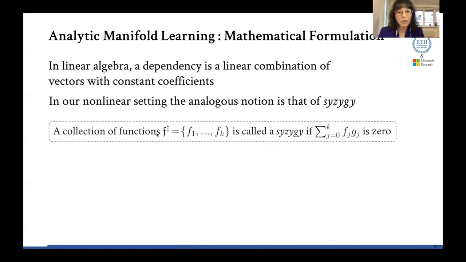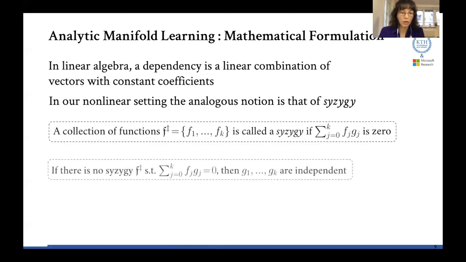All right, and so here you can just read off directly the same formulation. We would have a collection of functions. Now we don't have coefficients which are scalars; we have functional coefficients, so functions are our coefficients. And a syzygy is the sum of these functions multiplying our relations. If the sum is equal to 0, then we found a certain relation, right?